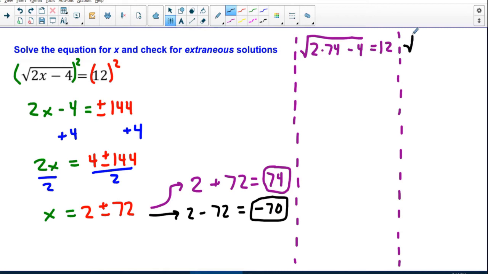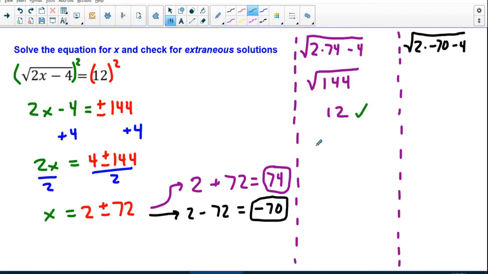So I would plug this back in also into the radical 2 times negative 70 minus 4, and I want to see if that equals 12. 2 times 74 is 148. Minus 4 is 144. All right. When I square root 144, I get 12. So this is good. Yes, check mark. That's good. This is the solution.